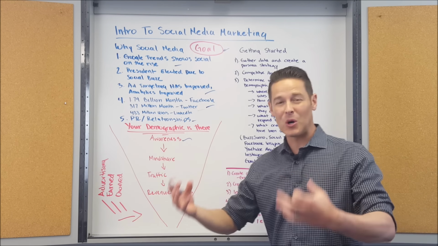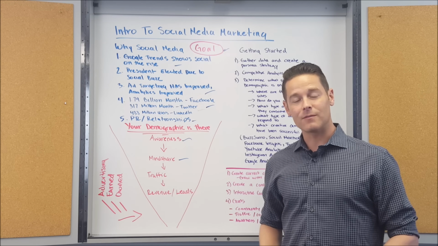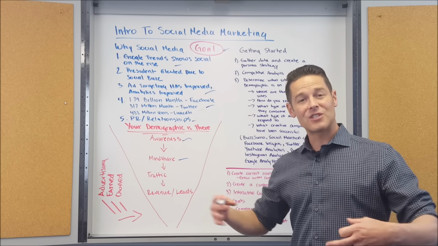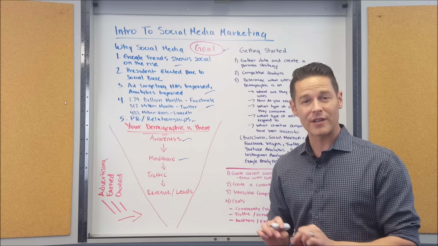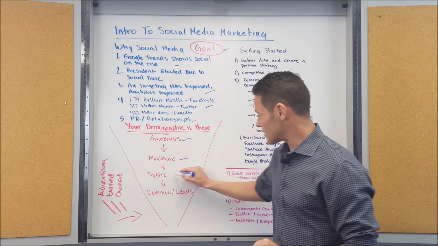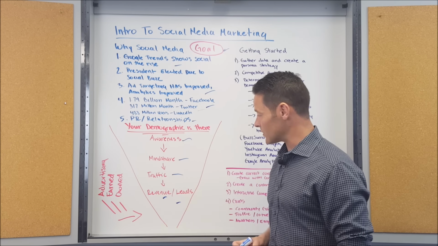They might see a post and through that, they learn who you are. Eventually you get some of their mind share. So down the road, they've seen so many updates from you that when they need your service, they already know about you. And they're going to turn into traffic, which then leads into revenue and leads for your website.